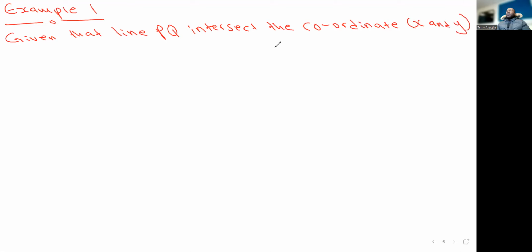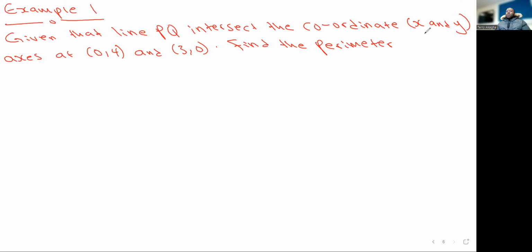So you can say the coordinate axis, the X and Y axis, at 0, 4 and 3, 0. The question now said, find the perimeter of triangle OPQ, right?